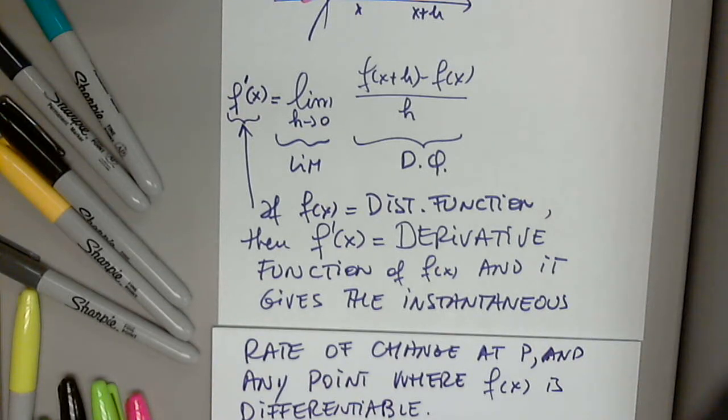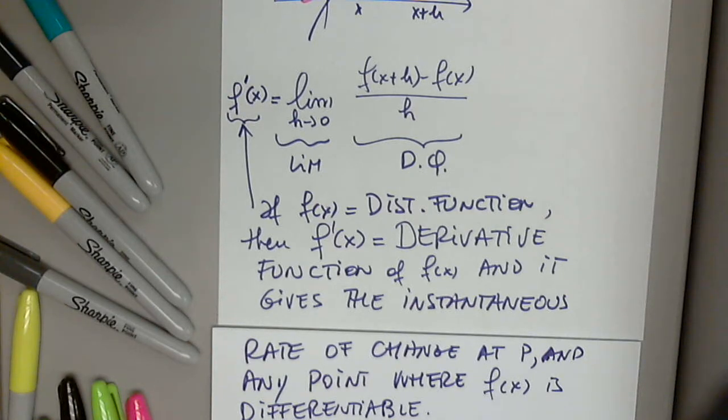So whenever I try to calculate the limit of the difference quotient, I get an instantaneous rate of change. No longer an average rate of change, but an instantaneous rate of change, the slope of the tangent line at that point. Number two, this is not a number. It's a function.